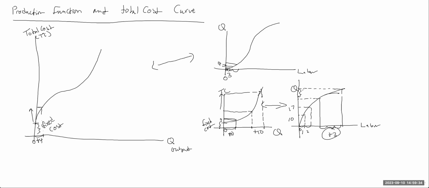This is the relationship between the production function and the way it's shaped, like this, and the total cost curve, the way it's shaped, like this. Okay. And it's because right here we're experiencing diminishing marginal product of labor.